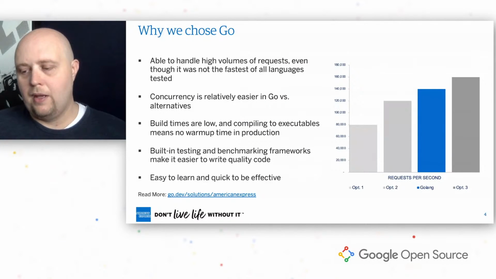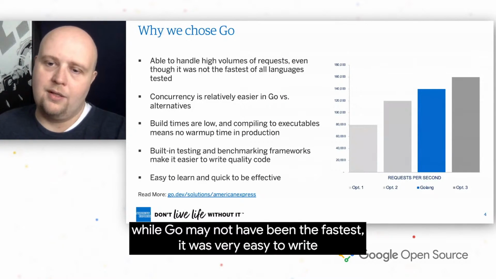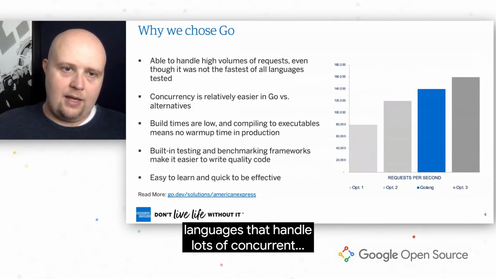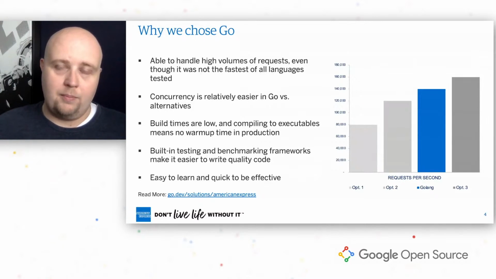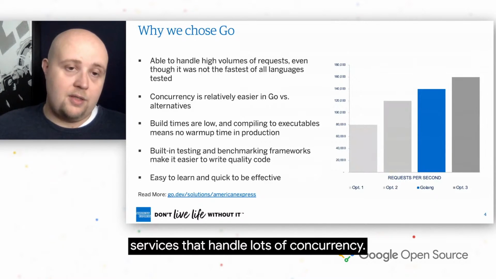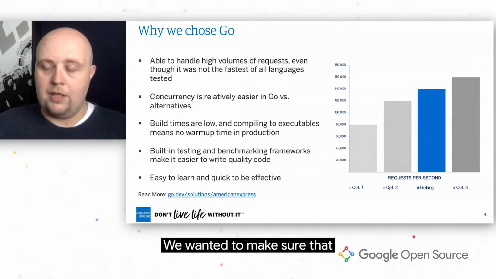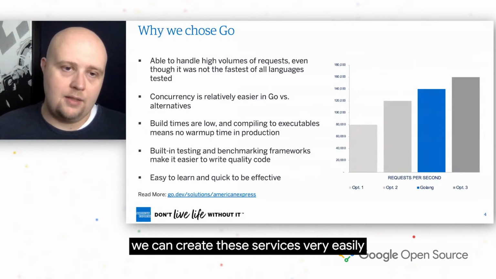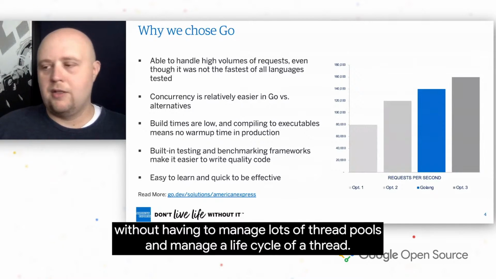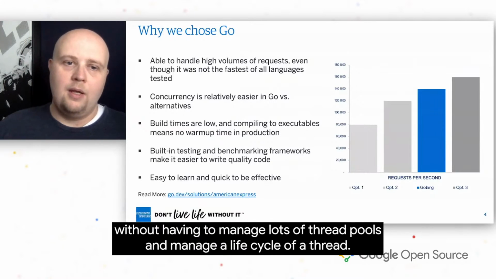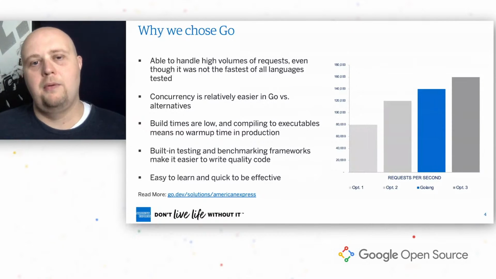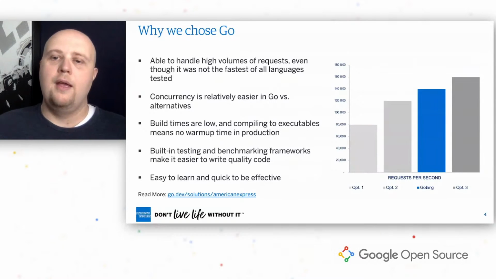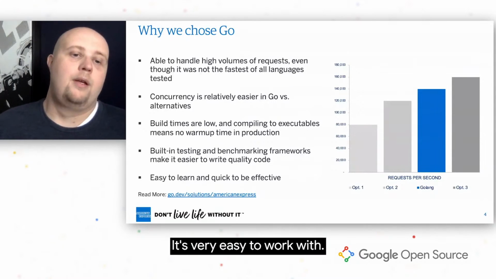For example, while Go may not have been the fastest, it was very easy to write services that handle lots of concurrency. We wanted to create these services very easily without having to manage lots of thread pools and the lifecycle of a thread. With Go, you can do that with goroutines and how Go handles concurrency. It's very easy to work with.